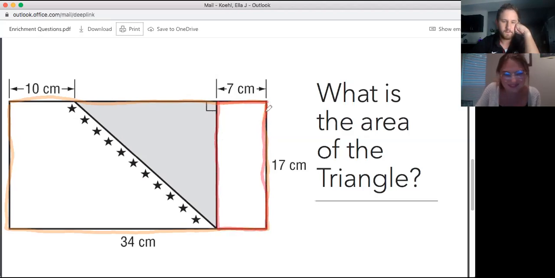And then you're going to find the area of this right triangle, which she's going to outline in blue. Go ahead and click pause. I want you to try it in 5, 4, 3, 2, and 1.